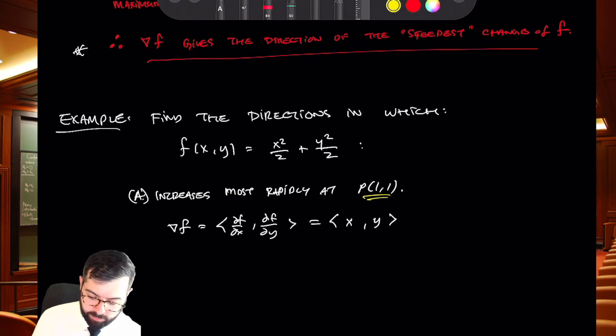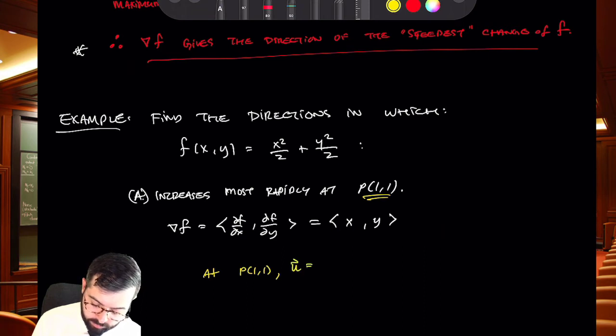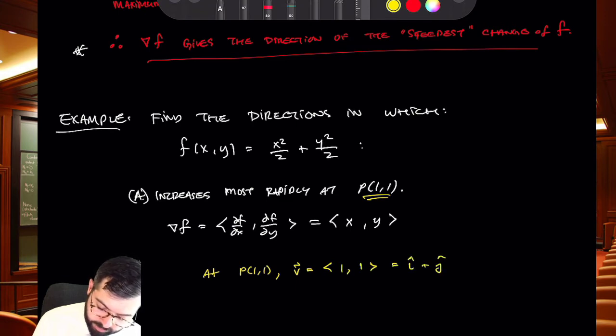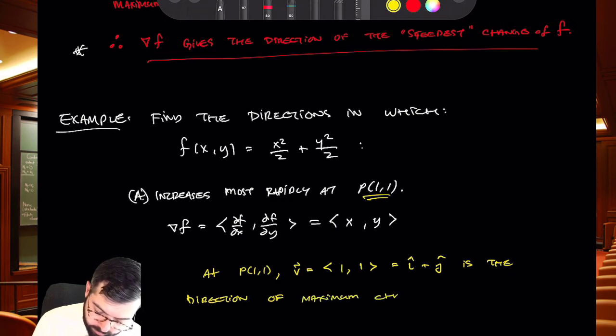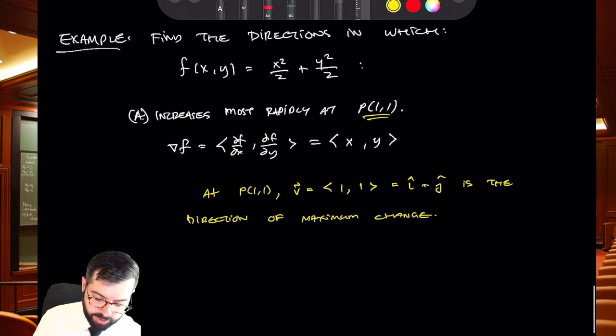And so at this point 1, 1, we can say some u equals, and this isn't a unit vector, so maybe let's just say v, equals i plus j, is the direction of maximum change.